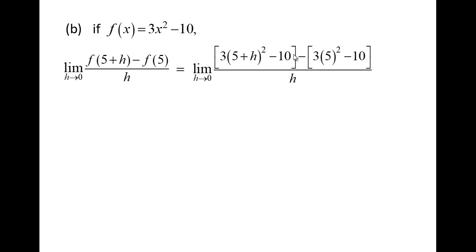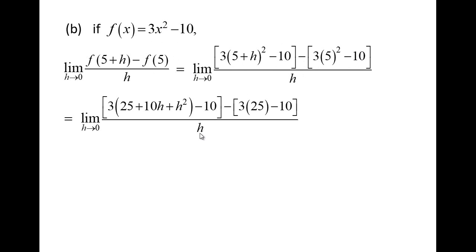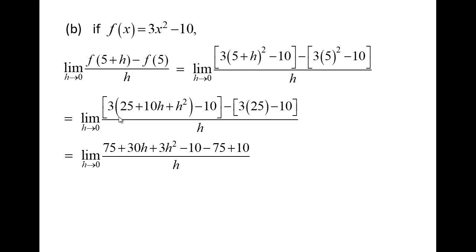Okay, once again, we just have to do algebra and clean out this numerator here. So here, if we multiply out 5 plus h squared, we get 25 plus 10h plus h squared. So I still have the 3 and the negative 10 here. And here I get 25 times 3 minus 10. Let's multiply out here. We get 3 times 25, 75, 30h and 3h squared minus 10.